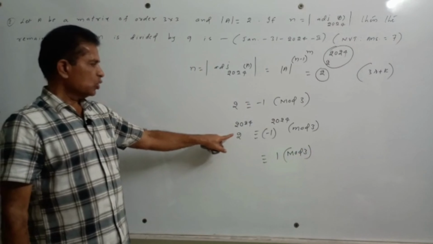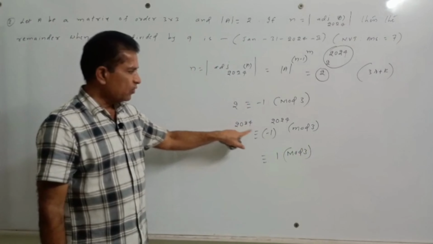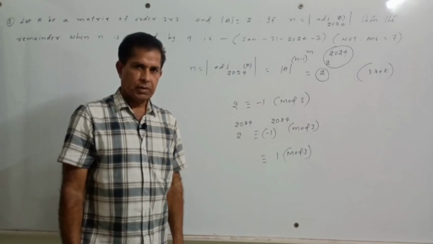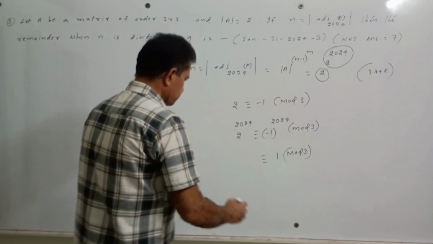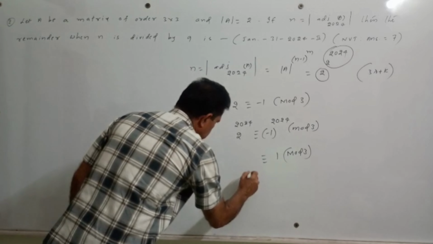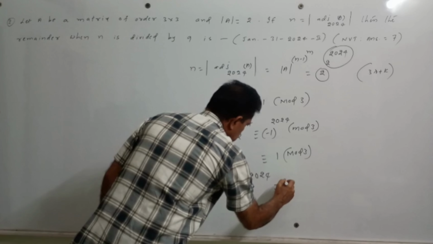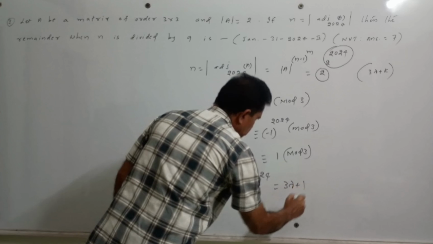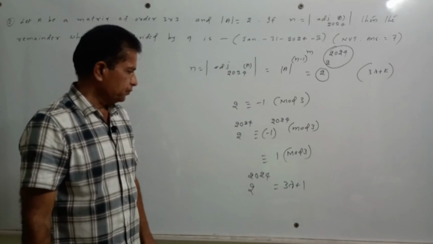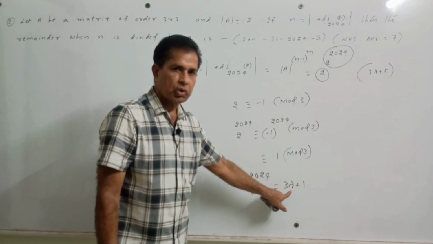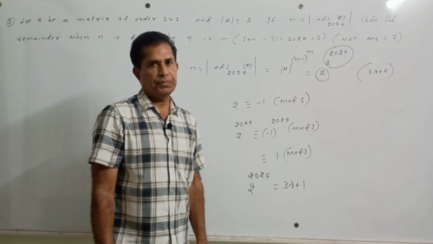So this is congruent to 1 modulo 3. That means 2 to the power of 2024 divided by 3 has remainder 1. According to the division algorithm, 2 to the power of 2024 can be written as 3 lambda plus 1. Dividend is equal to divisor into quotient plus remainder form.